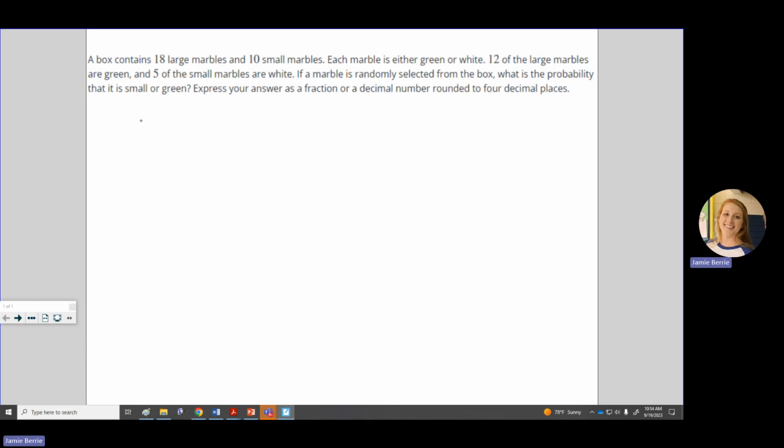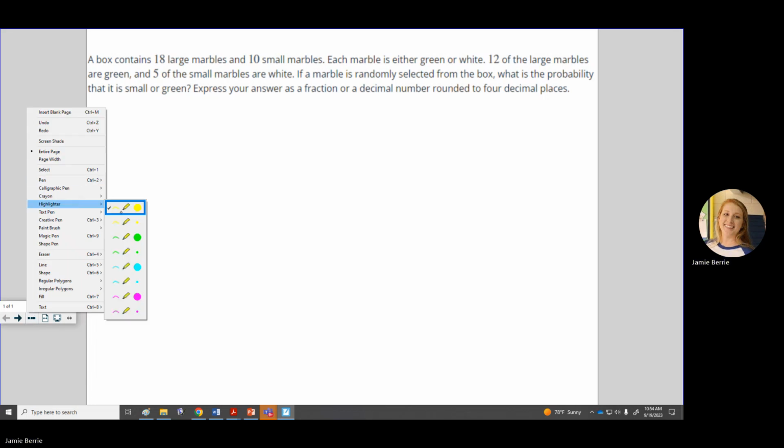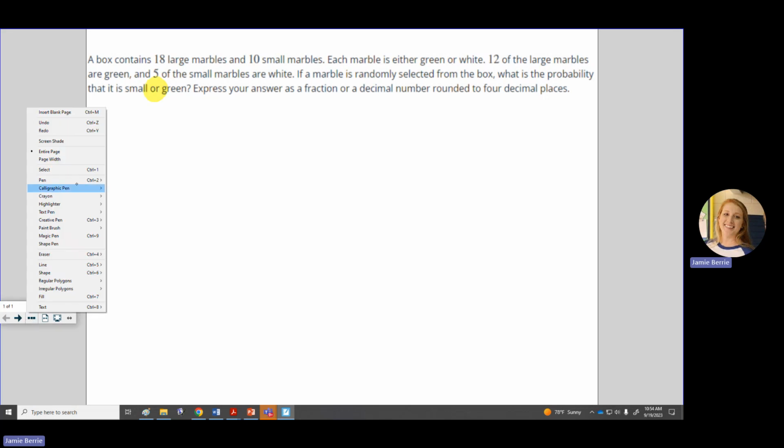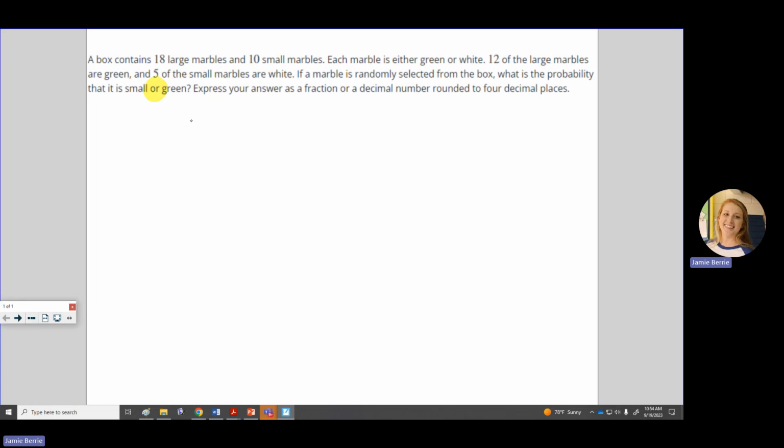All right, so the word "or" there in the question, what's the probability that it is small or green? That tells us that we need to use the addition rule for probability, which looks like this. We're going to use S and G for small and green.